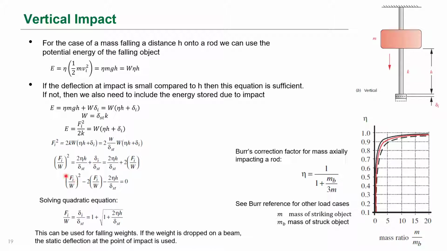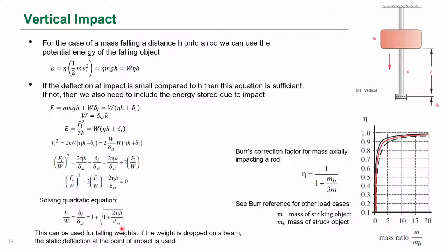So then we can solve this quadratic equation and get the roots to find Fi over W. So we get the root Fi over W, and then this is related to the impact factor here, in this case for vertical impact, where we have it falling. And we have this right-hand side term as well, which is the impact factor.